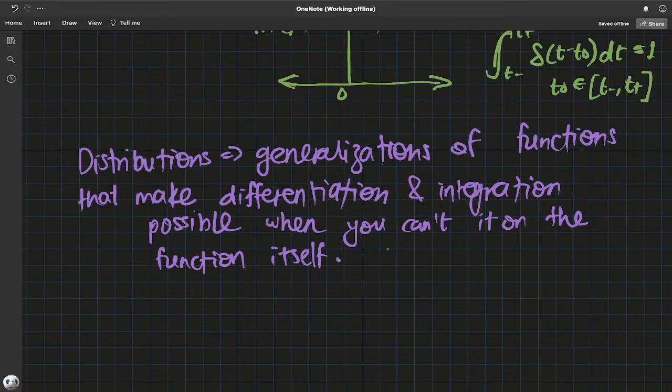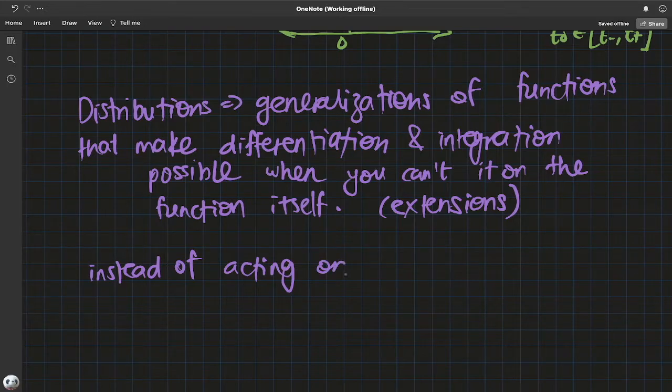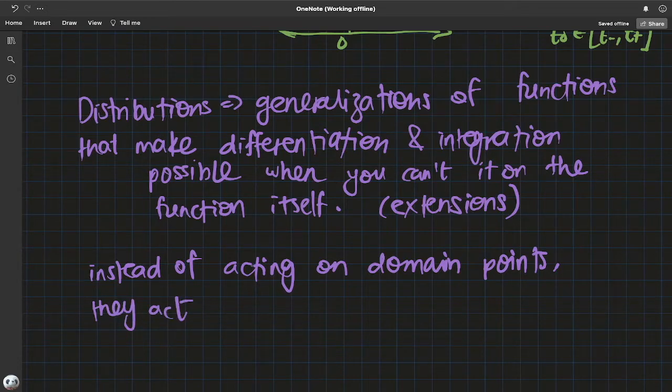So think of these as extensions to functions, or whatever functions do. A function acts on points in the domain. Instead of acting on domain points like functions, distributions act on test functions.